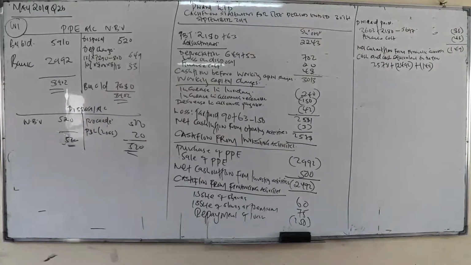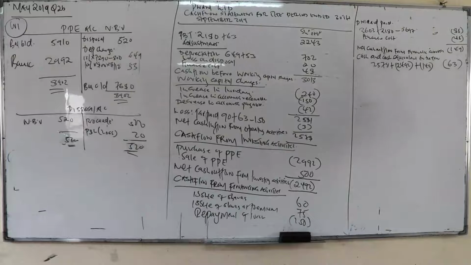Cash and cash equivalent for the year, negative 63.